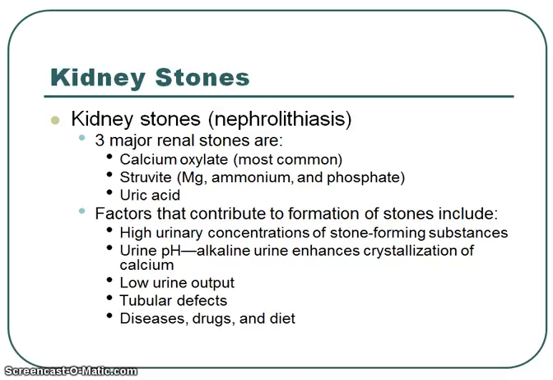Urine pH: if your urine is more alkaline than usual, this makes it easier for crystallization of calcium to happen, which can lead to calcium oxalate stones. Low urine output, because if they're not peeing, then that urine is staying in the kidney and can cause stone formation. Any tubular problems, and it can be a complication of other diseases, drugs, and diet problems.